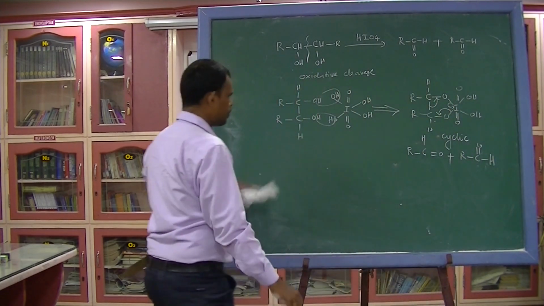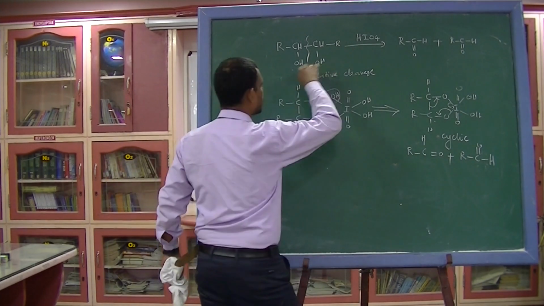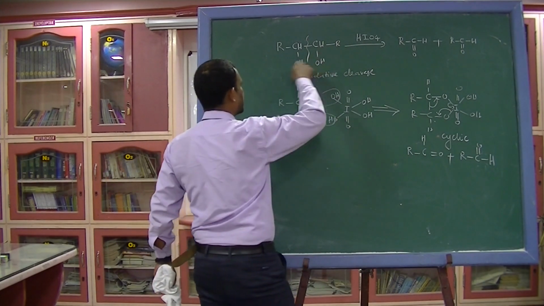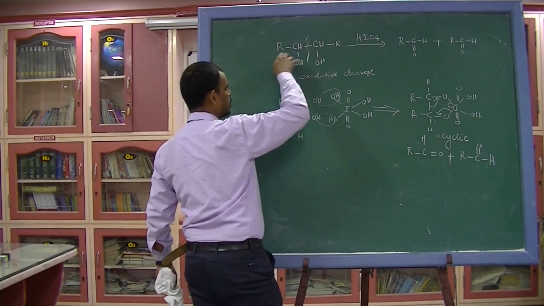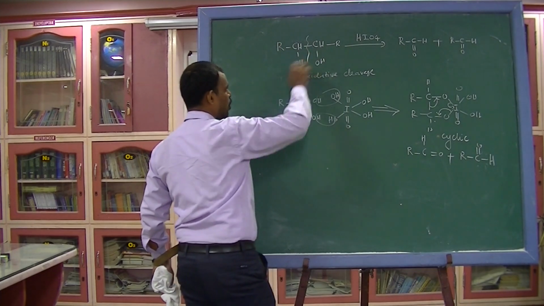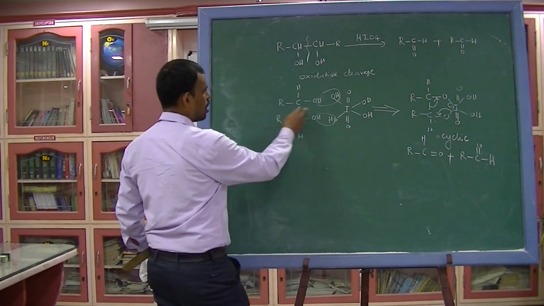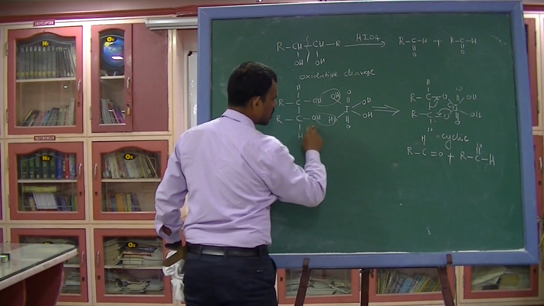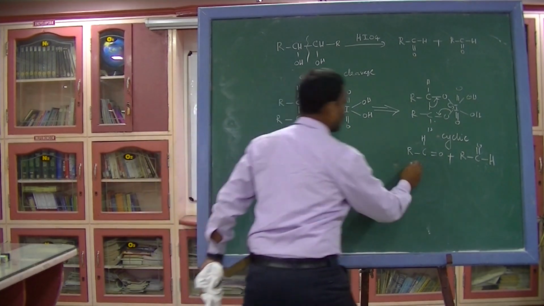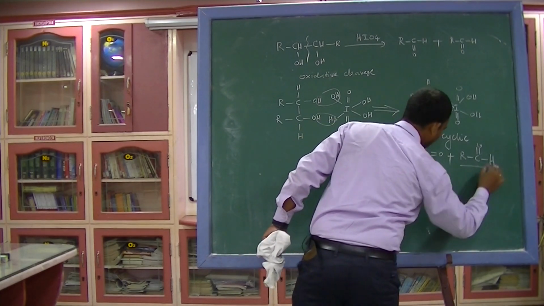So this is one of the reactions used to determine the ring size of carbohydrates. Suppose you have a triol, similarly you have to make this complex and then break it. So you will end up with either aldehydes or acids.